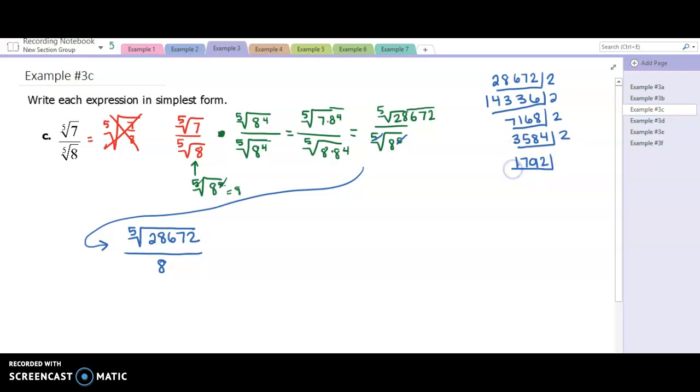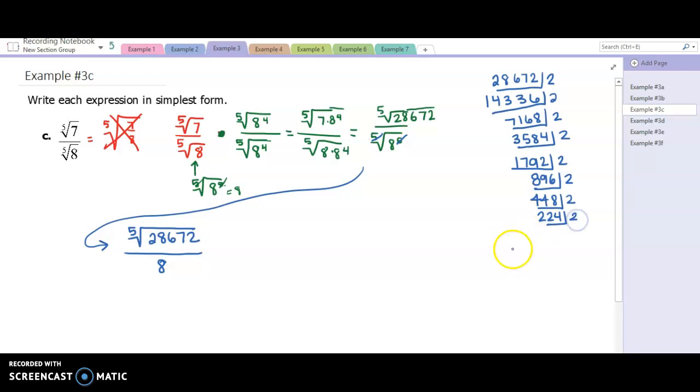Okay, we're already getting quite a bit lower. 2 goes into that. 896. 2 goes into that. 448. 2 goes into that. 224.